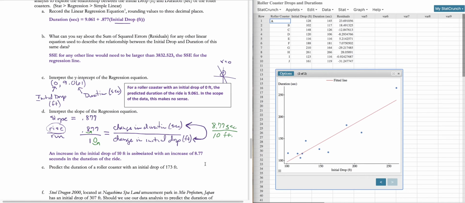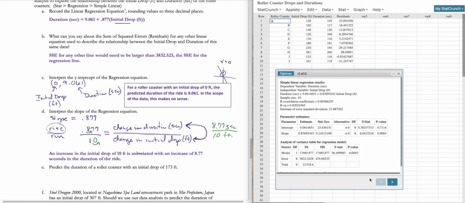All right, the next thing we're going to do is predict the duration of a roller coaster with an initial drop of 173 feet. The first thing you always need to do when you're asked to make a prediction is think about whether or not you should. And in order to be able to say you should, 2 things need to happen. One is that you need to have concluded that you have association between your 2 variables that is described by your regression equation.